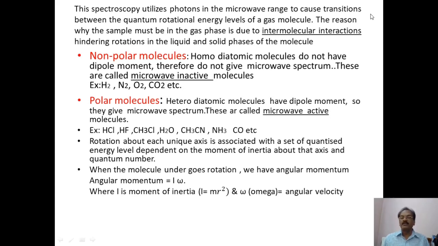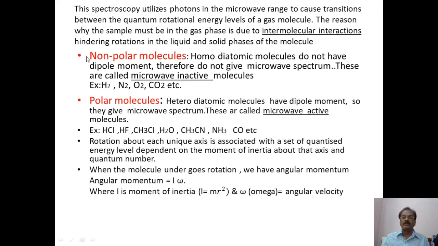In a gaseous form, the molecules have more freedom of rotation, they are free to rotate. But in solids and liquids, the molecules experience intermolecular forces of attraction, so there is no free rotation. Therefore, molecules in a solid or liquid state do not show this interaction with microwave radiation.